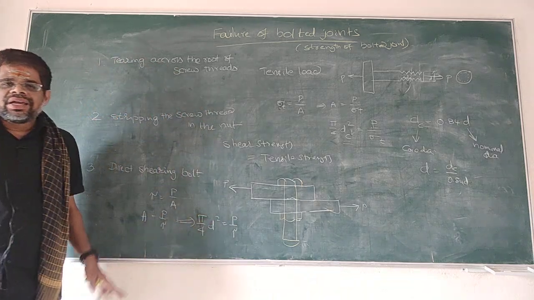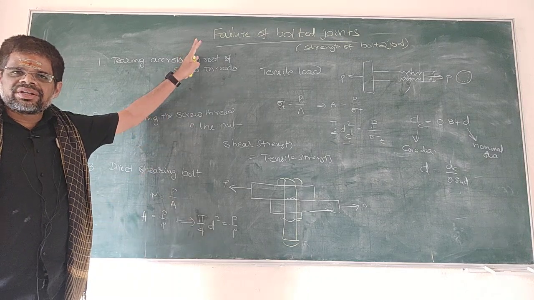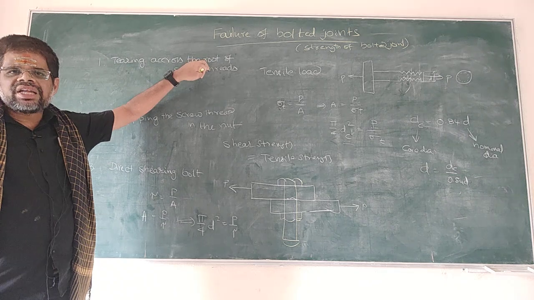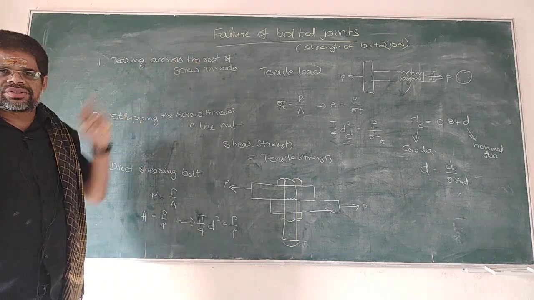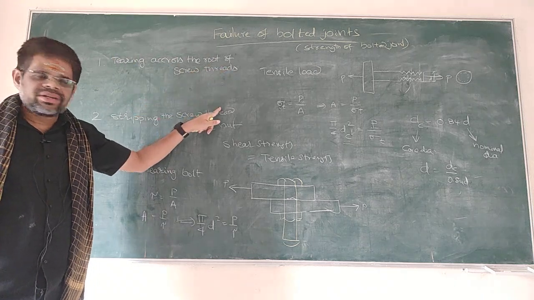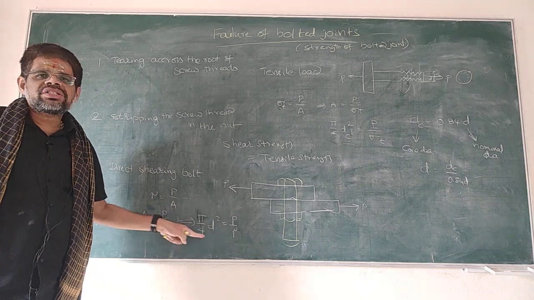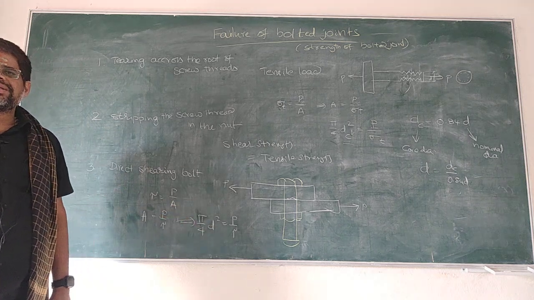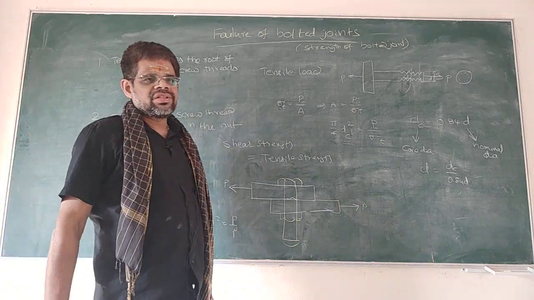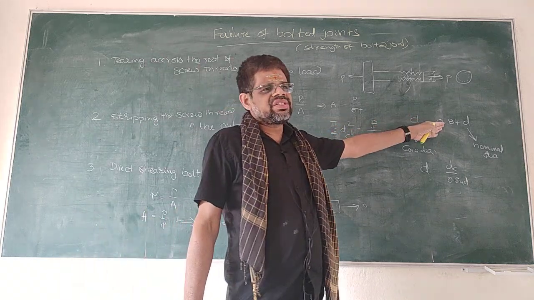Observe that here we use nominal diameter, not core diameter. In case of tensile load, we are using core diameter, which may cause tearing across the roots. Because it is tearing across the roots, that's why we are using root diameter. But in case of direct shear, we are going to use the major diameter or nominal diameter only. So if you get the value of nominal diameter, you can easily find out the core diameter by using this value if you need it.